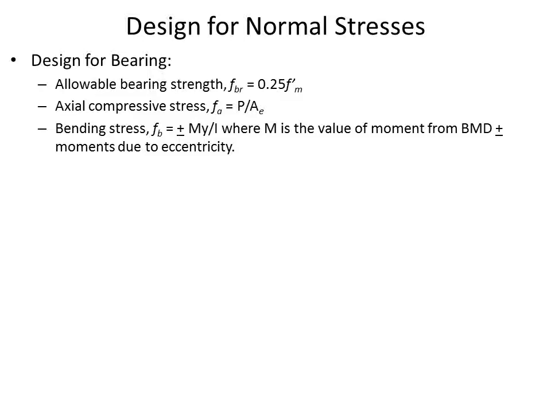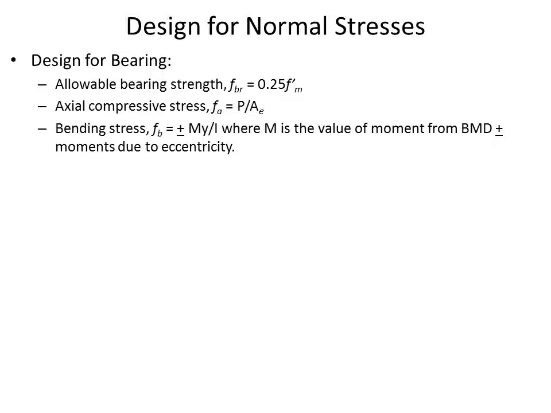The bending is plus or minus My over I. However, the new thing here is the source of this M: it is the most critical value from the bending moment diagram, plus or minus the moments due to eccentricity. Whether it's a plus or a minus depends on the direction of the eccentricity relative to the direction of the bending moment from the bending moment diagram. So they could be acting together, or one will be counteracting the other. It's a case by case thing.